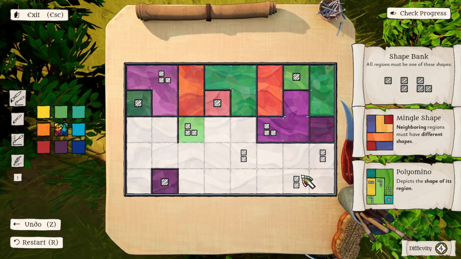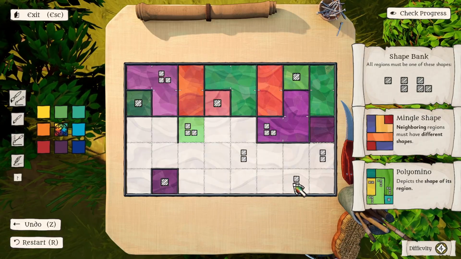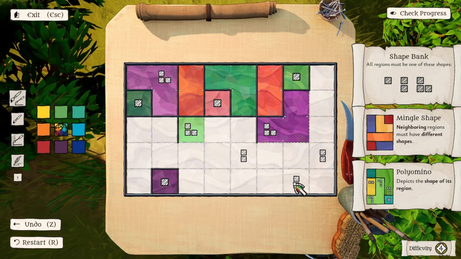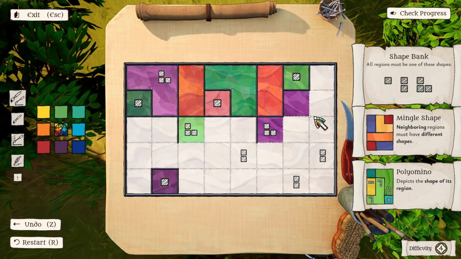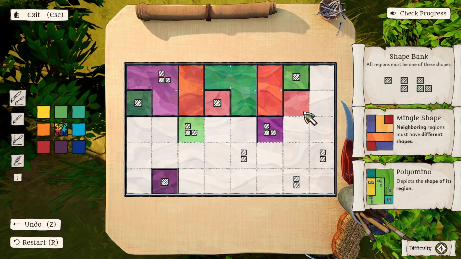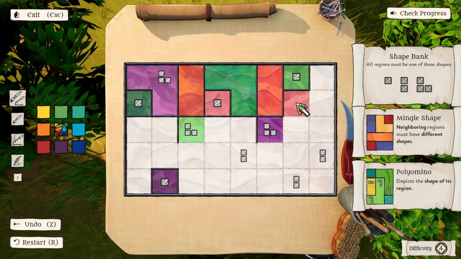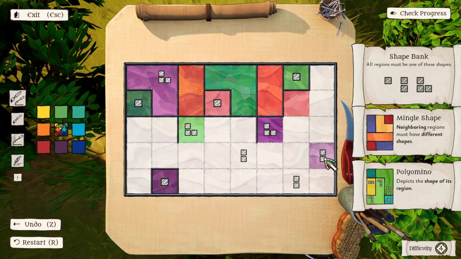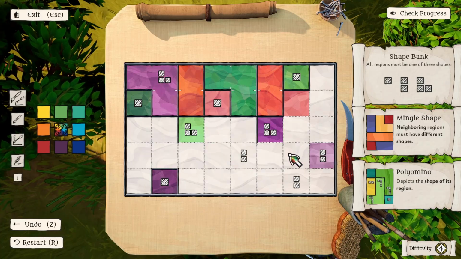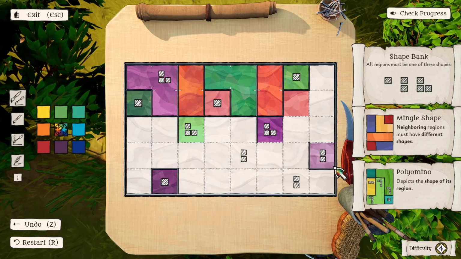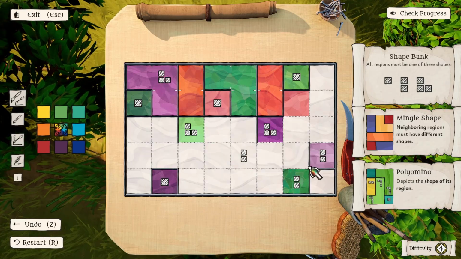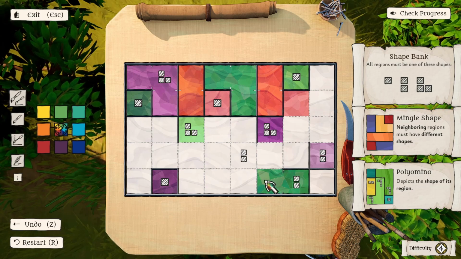No, that breaks right here. Okay. This one is part of a 3. That one cannot take that or that. This one cannot go that way or that way.